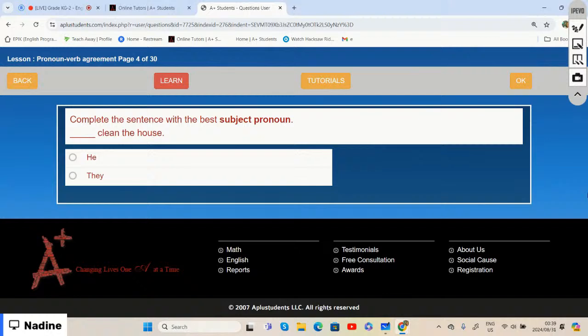If we were to choose the correct one, we will say they clean the house. Because remember, when we look at our verb, if the verb doesn't end with an s or es, then it is plural, so we basically add the plural subject to it.